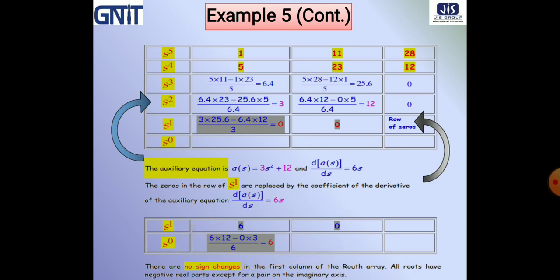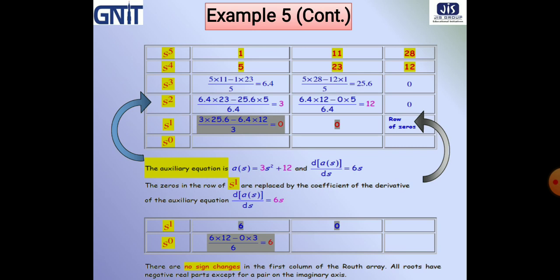So if you want to calculate the stability of the system, then just check the first column, and it is seen that there is no sign change. All the elements of the first column are positive. That's why the system is stable.